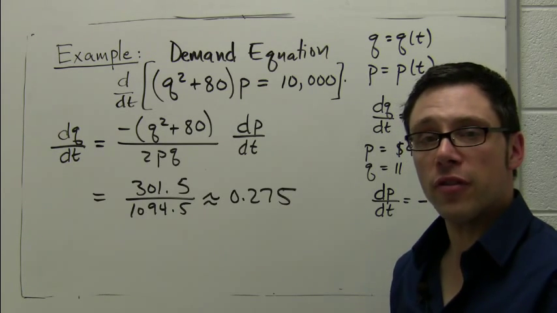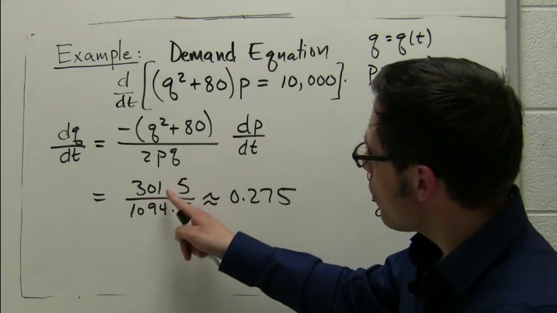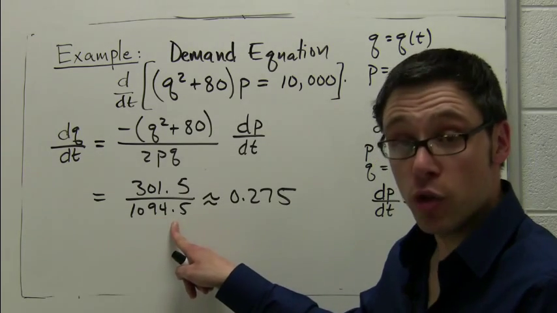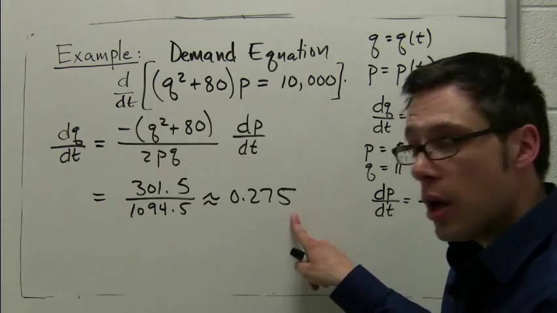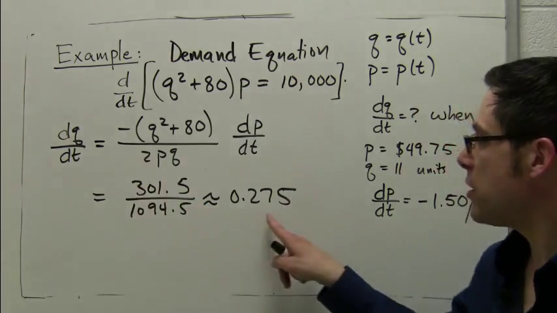After I've computed the actual value, I get that it's exactly 301.5 over 1094.5. Again, you should check this with these numbers. That gives me an approximation of about 0.275. That's how the demand is changing with respect to time.